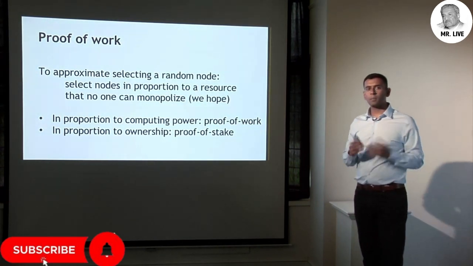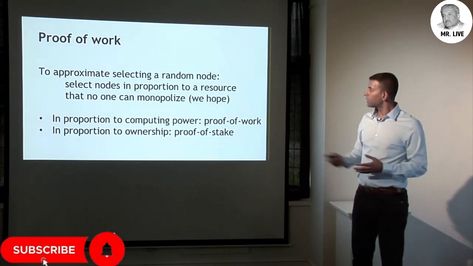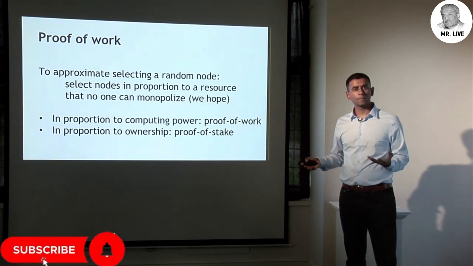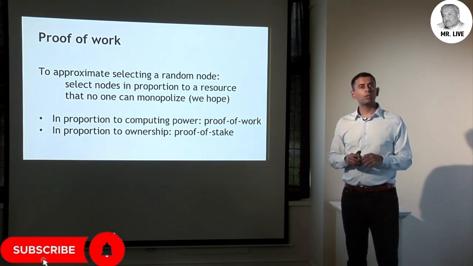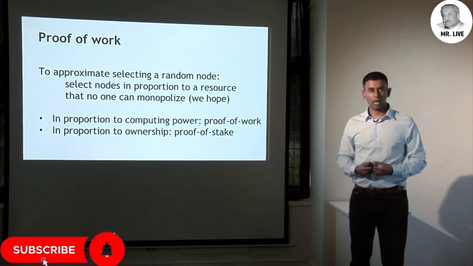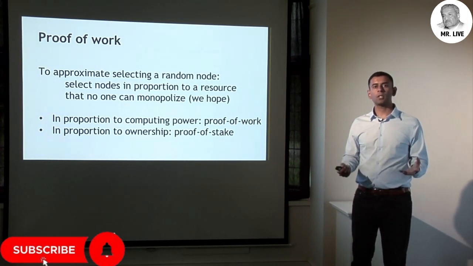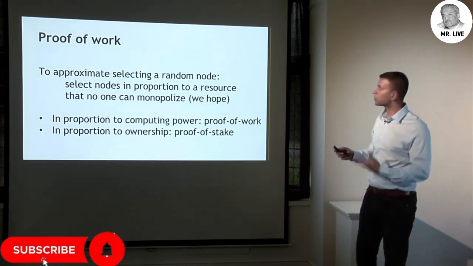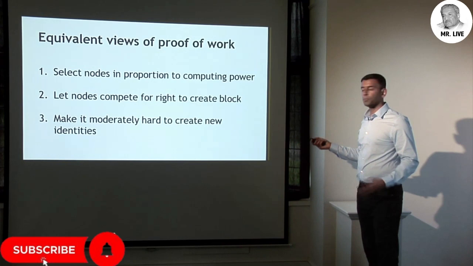Let's try to get a better idea of what this means. Selecting nodes in proportion to their computing power, another way to understand this is that we're allowing nodes to compete with each other by using their computing power. And that will result in nodes automatically being picked in that proportion. So those are two equivalent ways to view proof of work.